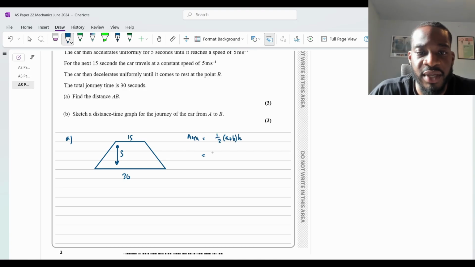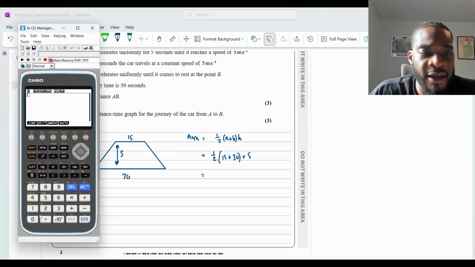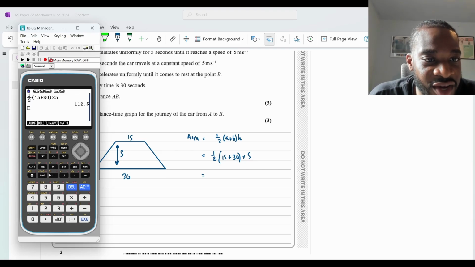In our case, it's going to be equal to 1/2 times (15 plus 30) times 5. Putting that into my calculator: 1 over 2, then bracket 15 plus 30, then times 5. And that is equal to 225 over 2, which is 112.5. Where is S-D on this? Right there. Perfect.